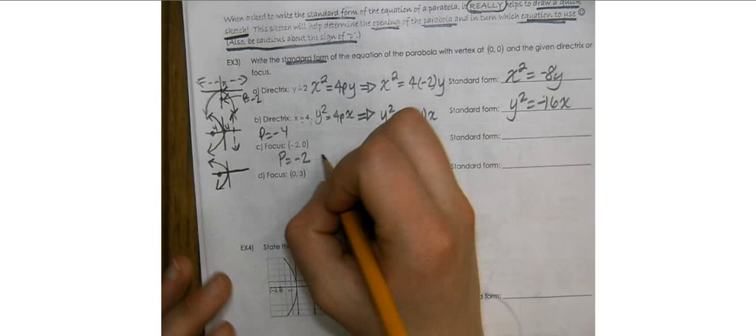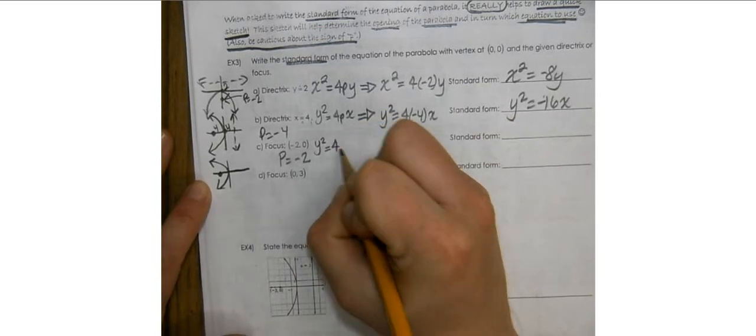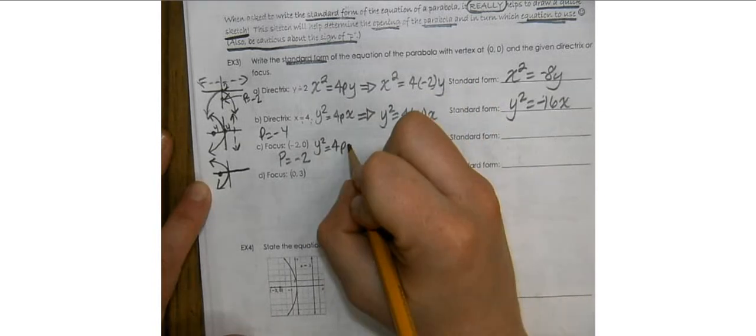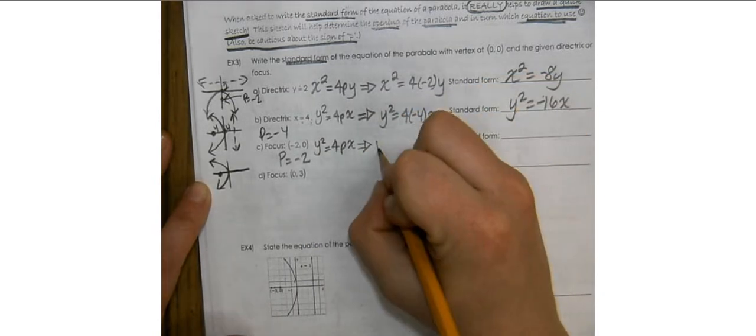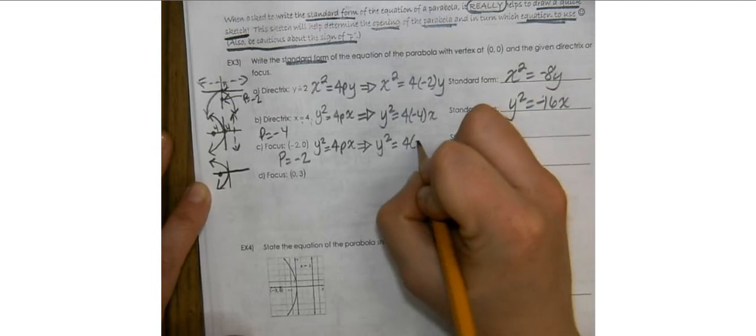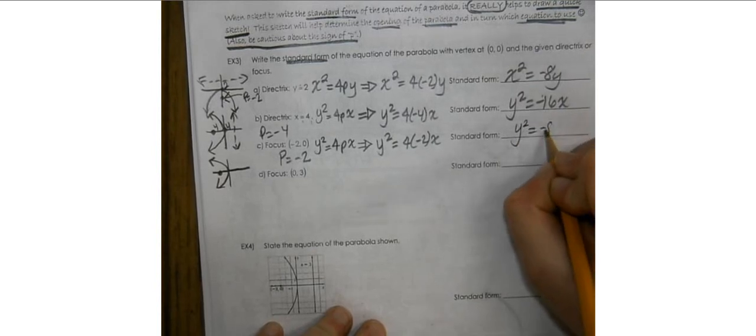And if it's pointing to the left, that's not anything that we're necessarily used to. So we're going to be working with the equation y squared is equal to 4p times x. So I'm going to write y squared is equal to 4 times -2 times x. And 4 times -2 is -8. So our equation is y squared equals -8x.